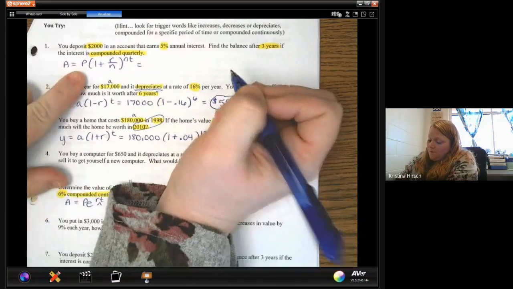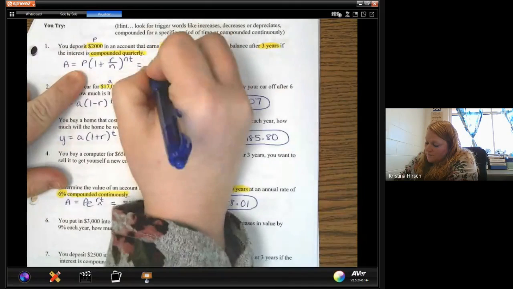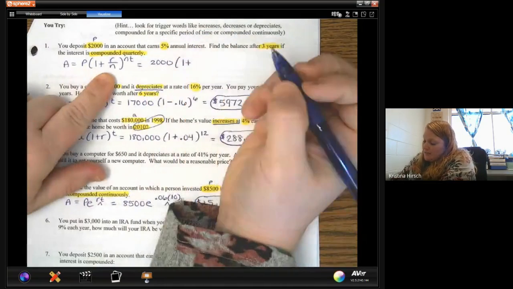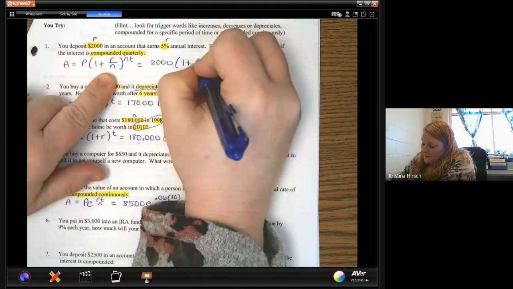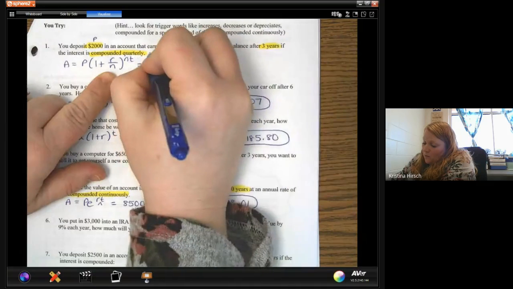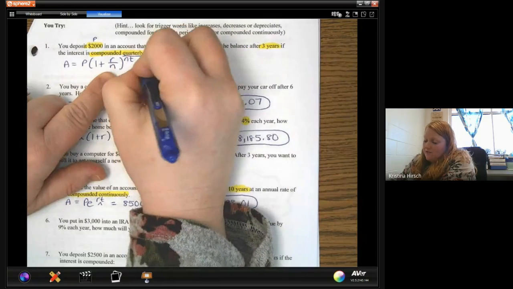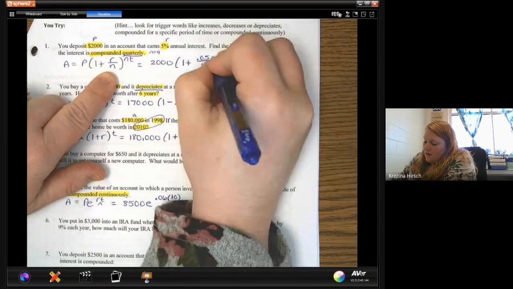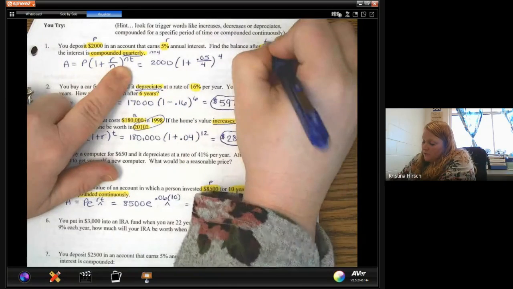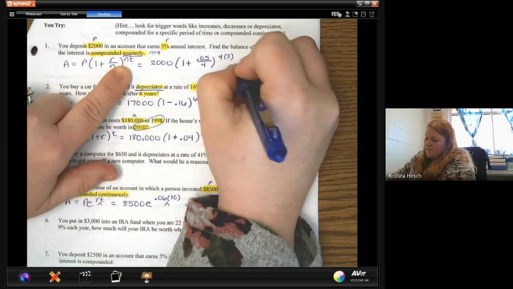So the principal is the $2,000, 1 plus my rate, so 0.05 over n. Well, n is 4 because quarterly happens 4 times a year. N is still 4. T is the 3 years. All right.